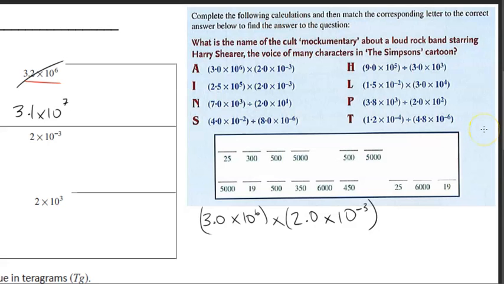Now the cool thing about this is you can either put this into your calculator, which is allowed, and it will spit out a numerical answer. The other way is to write this out in the expanded version, and you can figure out what the answer is from there.